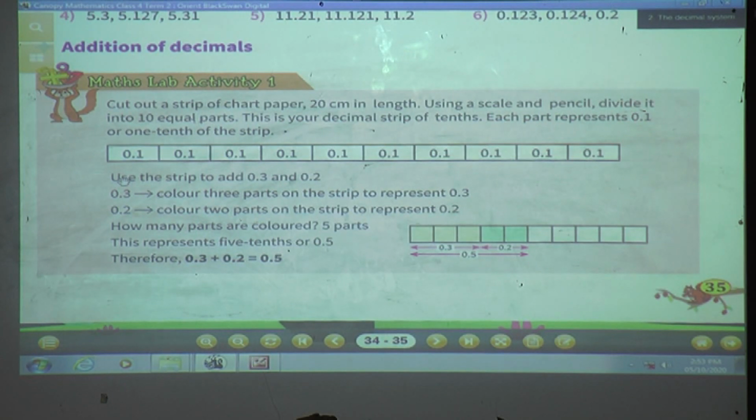Okay, then use the strip to add 0.3 and 0.2. Now what you have to do? 0.3 part you have to color, and it represents 0.3, and for 0.2 then what you have to do? Next 2 parts you have to color.